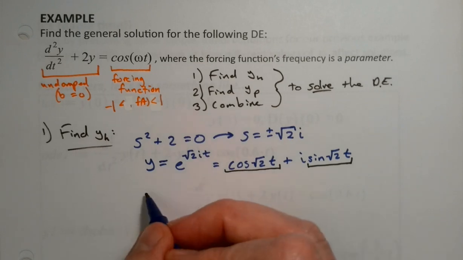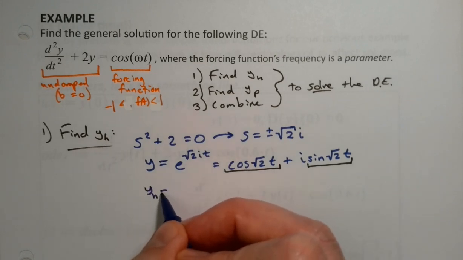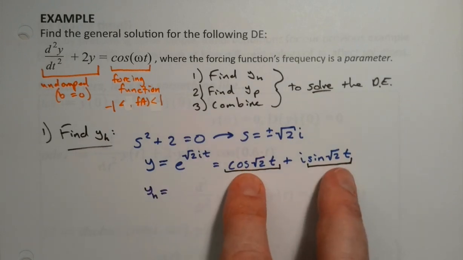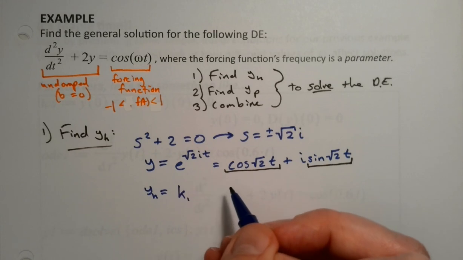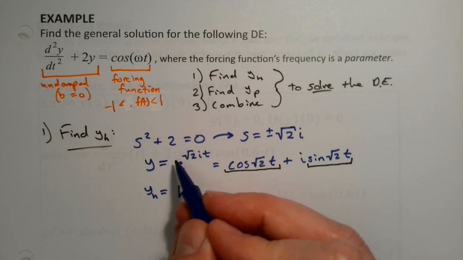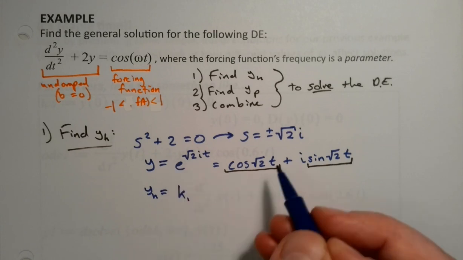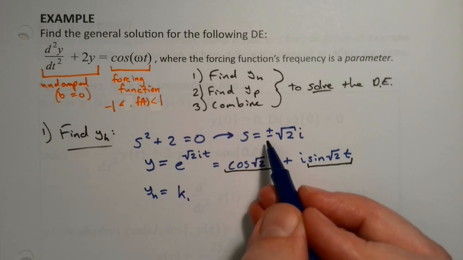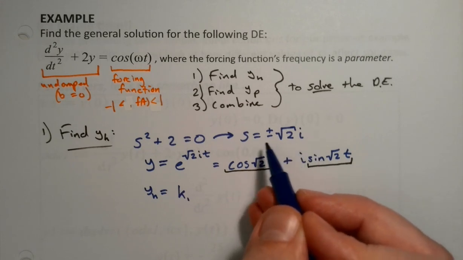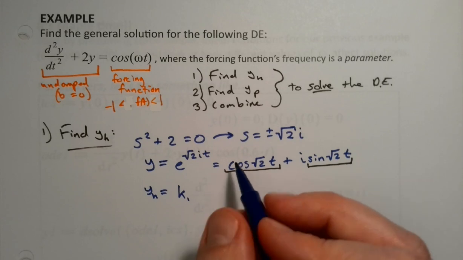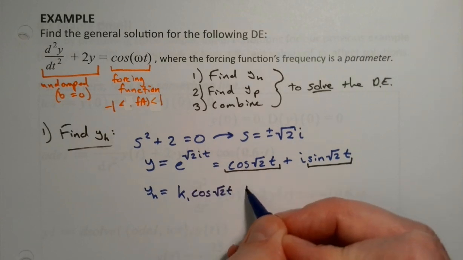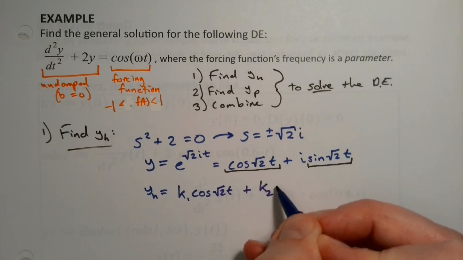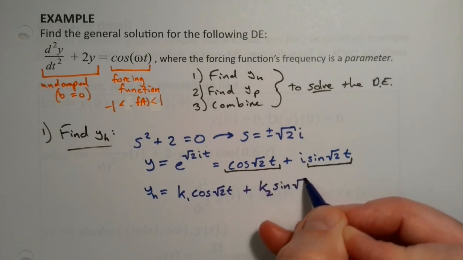So really, we have a homogeneous solution that is composed of these two parts, and we just throw constants in front of them. We have K1, there's no e to the power because there's no alpha value for our s. If you want to think of it in terms of eigenvalue, the eigenvalue is all imaginary, there's no real component. So it's just K1 times cosine root 2t plus K2 times the sine of root 2t.